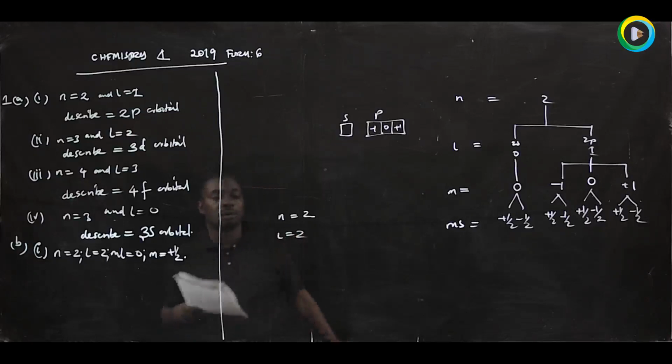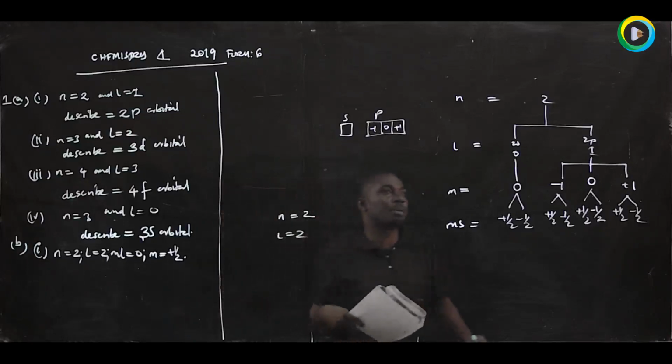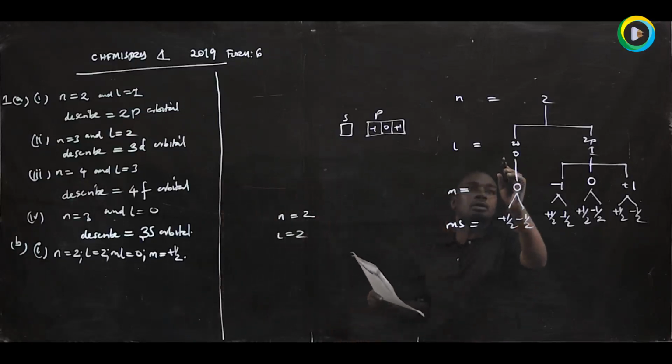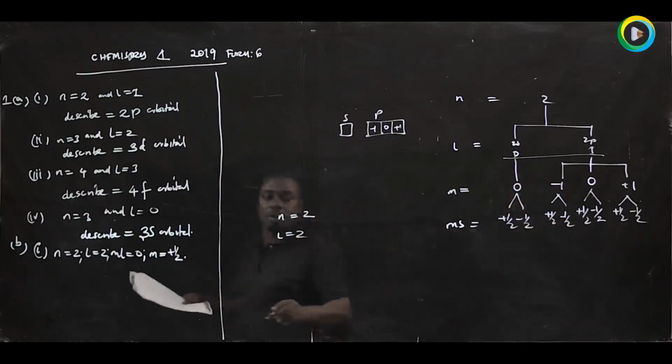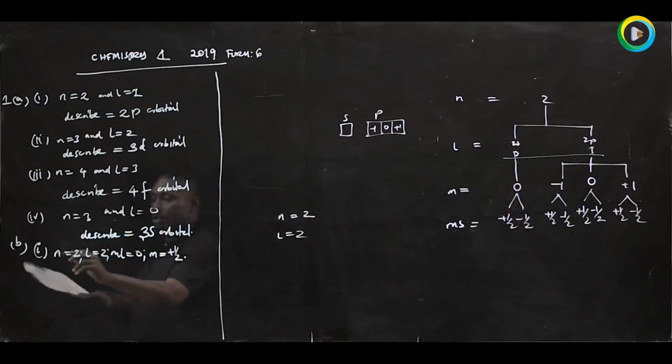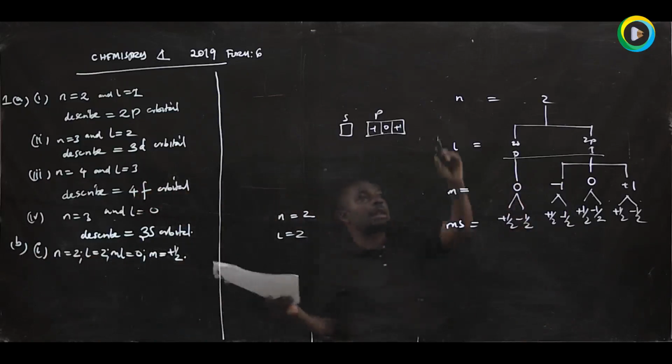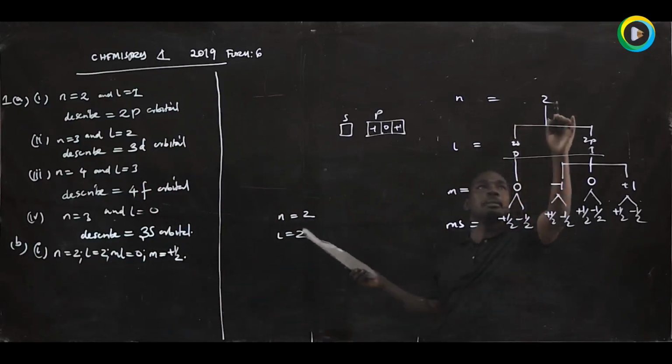So for n is equal to 2, you are given L is equal to 2. Kwa hiyo tuangalia L is equal to 2 hapa inapatikana? L is equal to 2 haipatikani. Kuna L is equal to 0 na L is equal to 1. Kwa hiyo hii set of quantum numbers tuliopewa sio sahihi. Kwa sababu n ikiwa 2, yaani shell namba 2, imegawanyika mara 2.